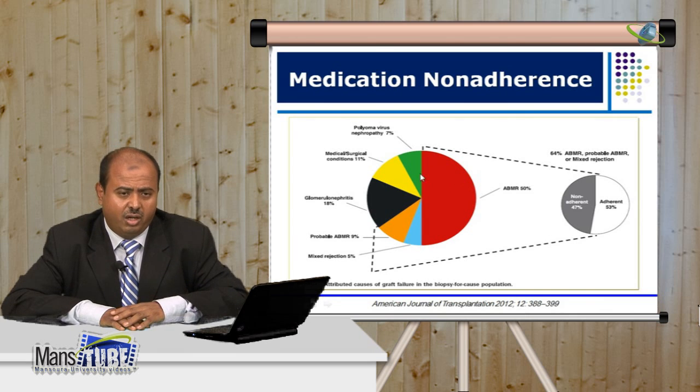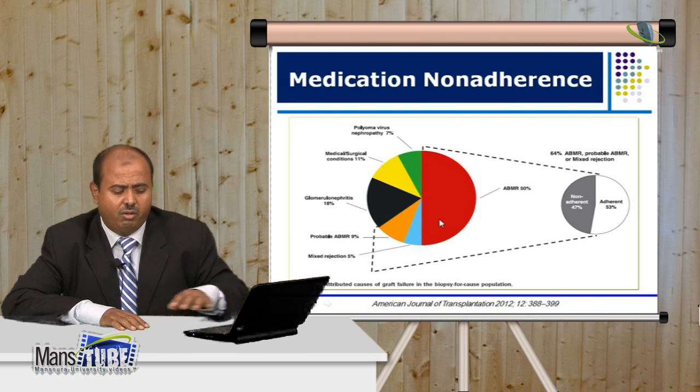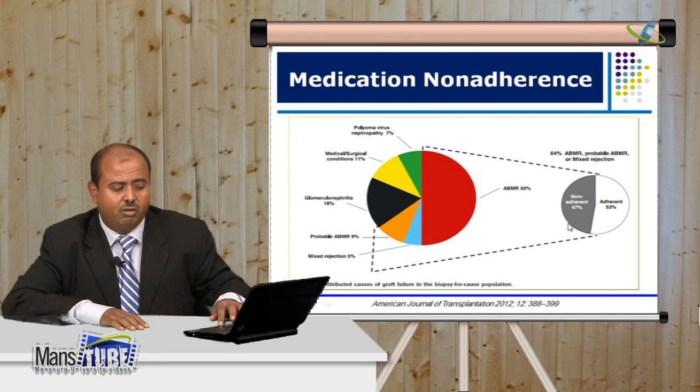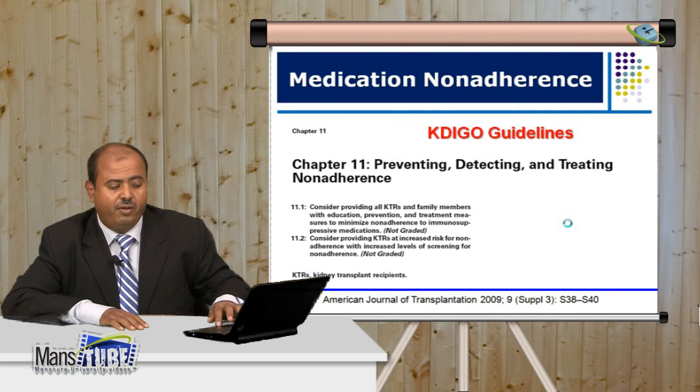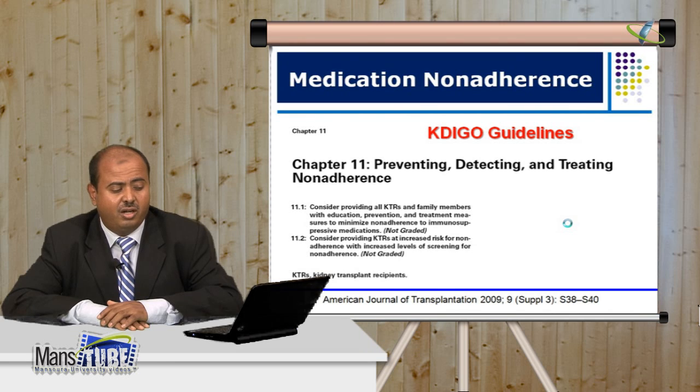One of the important items is to assess the adherence of the patient to treatment. If you look here, this study showed that the majority of graft failures are due to the antibody process, and 50% of these antibody-related issues are related to non-adherence.